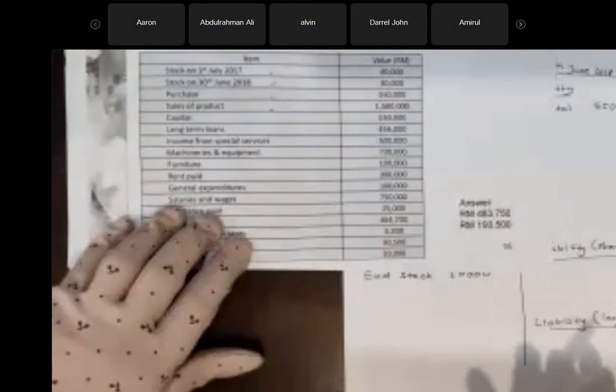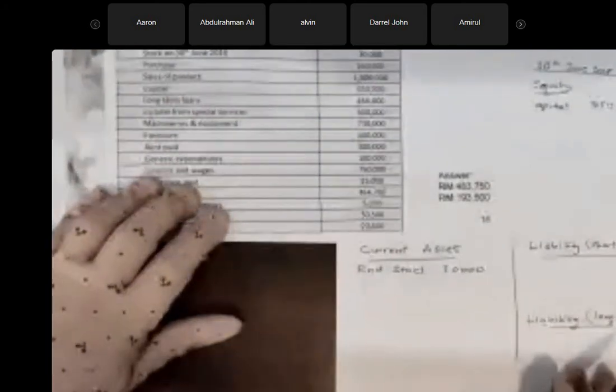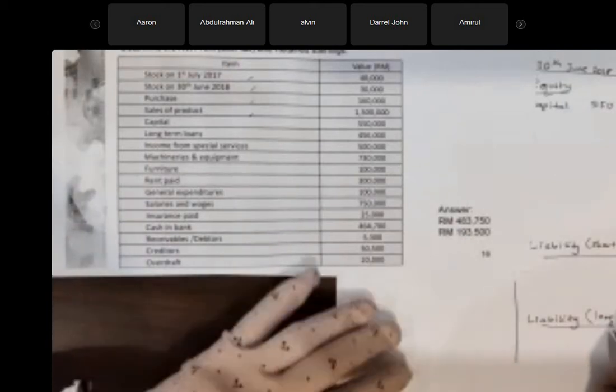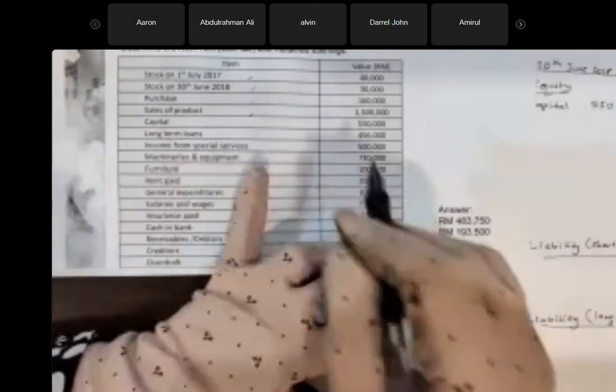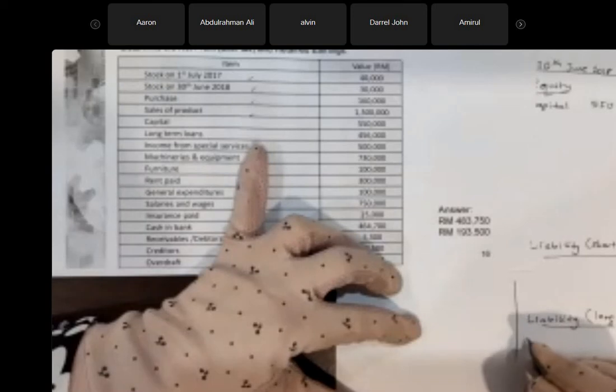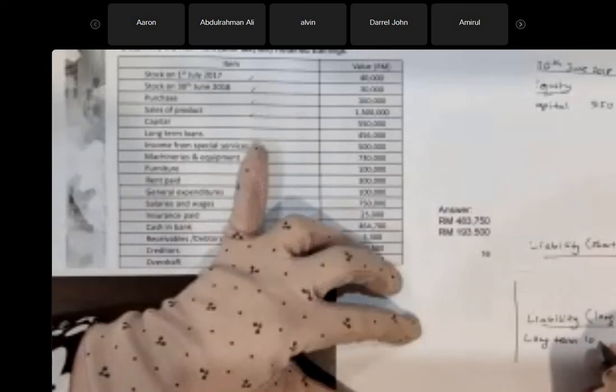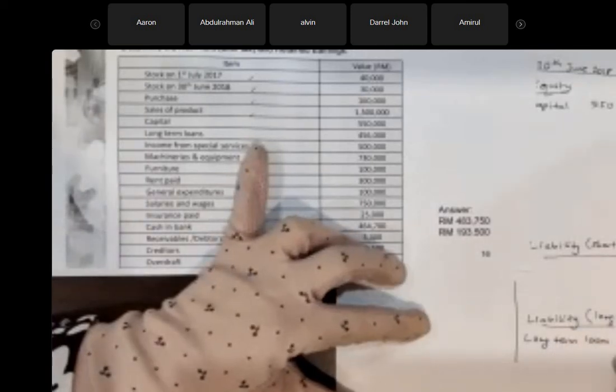Okay, liability. Which part of liability? Long term. Okay, long term liability because the name is long term, right? So, long term. Okay, long term loans. Tak boleh cakap kuat lah saya. Cakap kuat dia batuk.